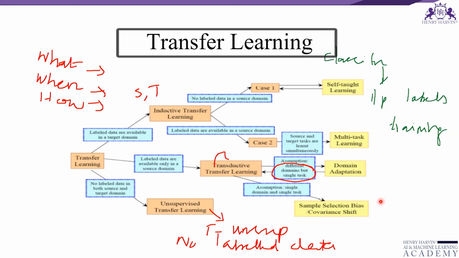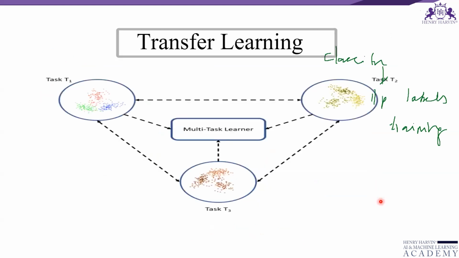Now we will also discuss the concept of one-shot learning: what is meant by one-shot learning, and why do we need it. Also, we will study multitask learning, and we will study zero-shot learning.